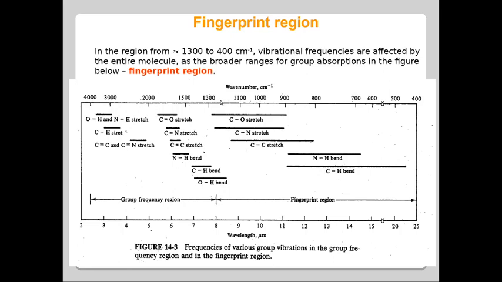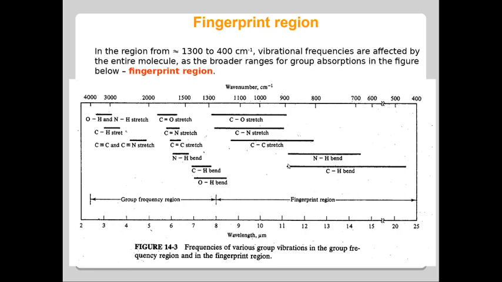This region, between 400 and 1300 centimeter inverse, in which you can observe the bending vibrations associated with the bonds that represent almost the entire molecular structure, is called the fingerprint region, because the vibrations in this region are like the fingerprint identity of the entire molecular structure.